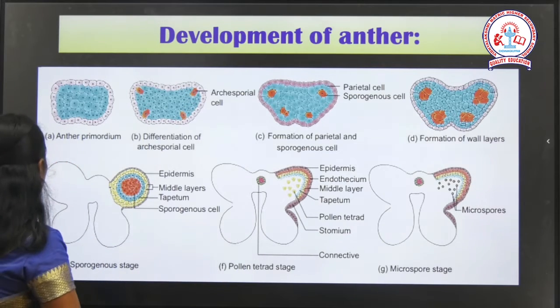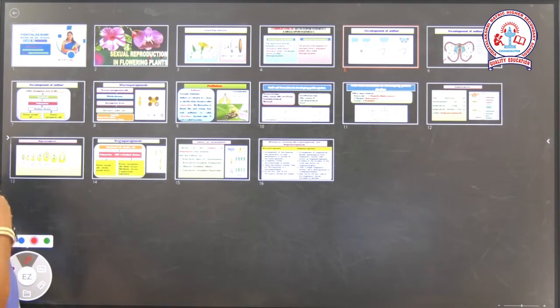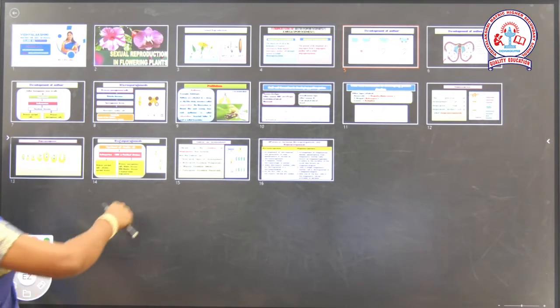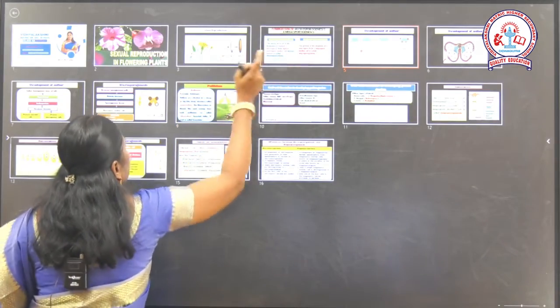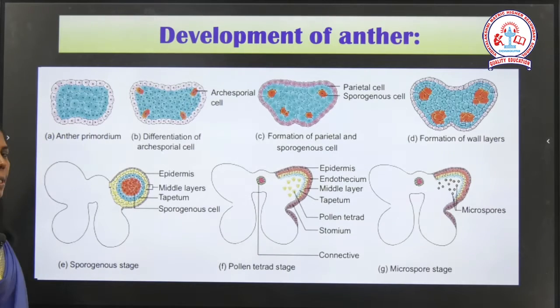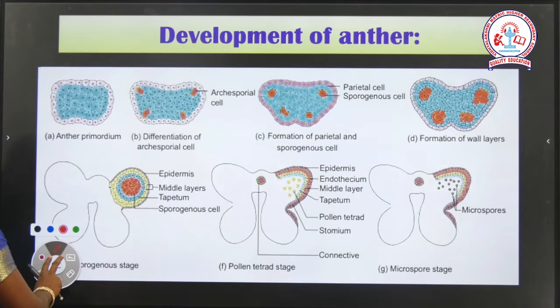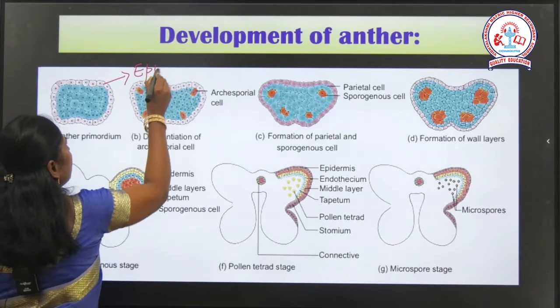The homogeneous mass of cells is covered by a single layer. The mass of cells are homogeneous cells covered by a single layer, and this layer is known as the epidermis.